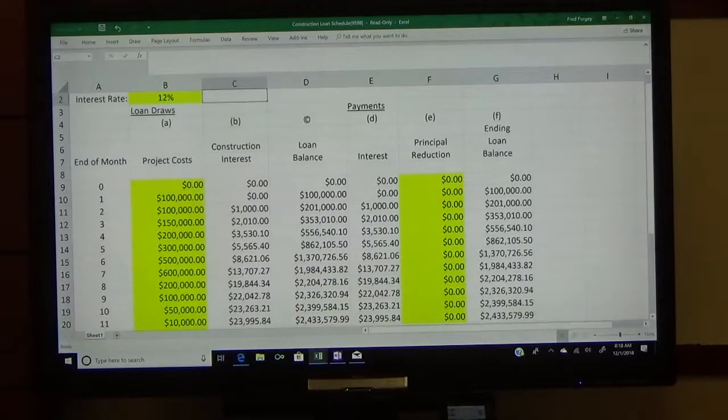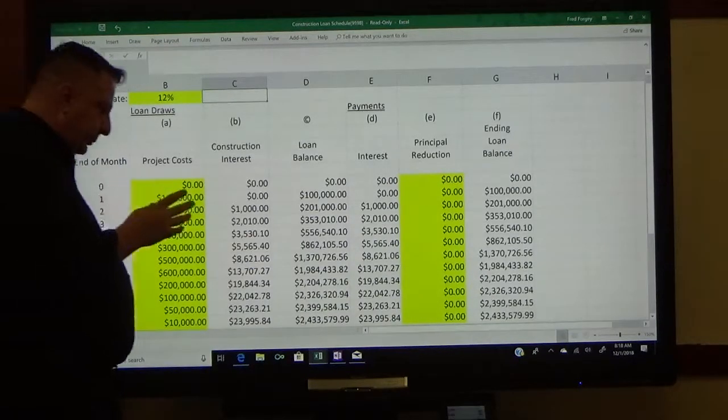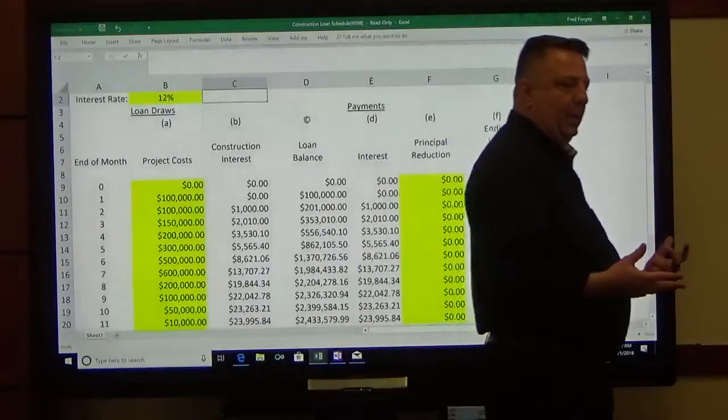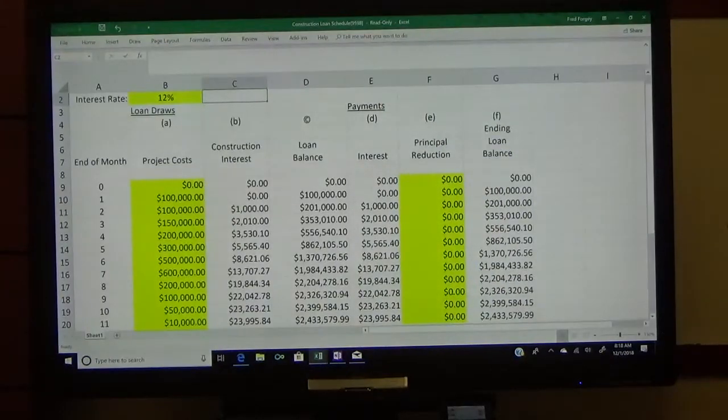But the way construction loans work is they don't give you all that money up front, okay? You've got a line of credit, you access that line of credit when you need it and no sooner. Because you may say, I've got a bunch of expenses coming up and I want to get that money as quickly as possible and then pay my subcontractors as quickly as possible.